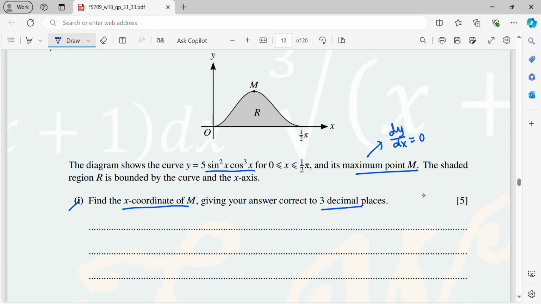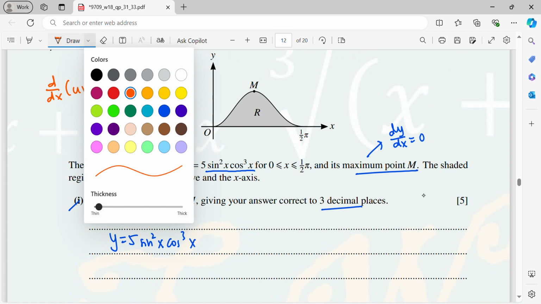So from here, your y is 5 sin²x cos³x. Since this is a multiplication of two functions of x, I will be using the product rule. So differentiate uv, that is uv' plus vu'.